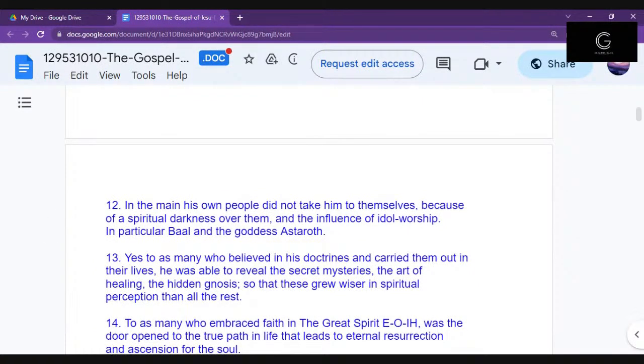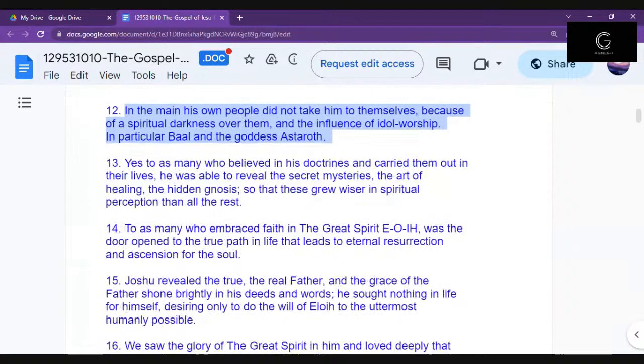In the main, or for the majority, his own people did not take him to themselves because of a spiritual darkness over them and the influence of idol worship, in particular, Baal and the goddess Ashtaroth. Yes, to as many who believed in his doctrines and carried them out in their lives, he was able to reveal the secret mysteries, the art of healing, the hidden gnosis or knowledge, so that these grew wiser in spiritual perception than all the rest.